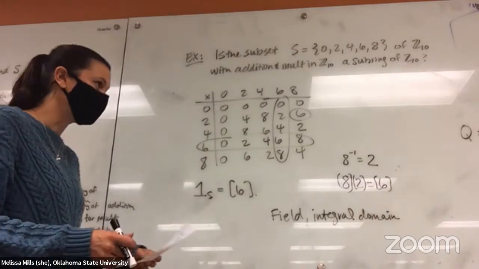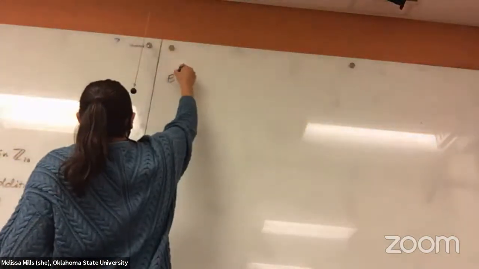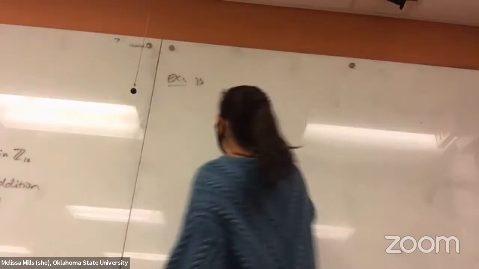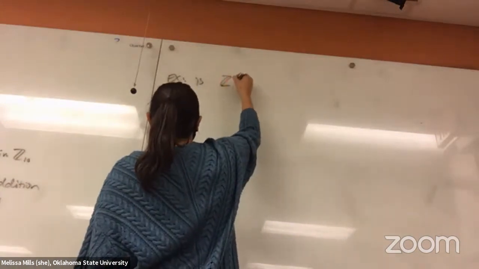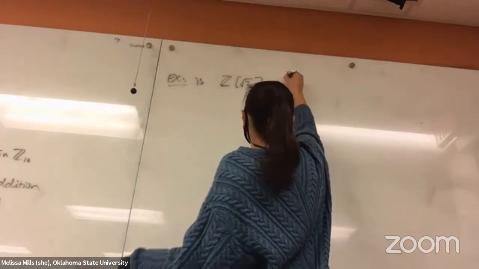All right, so let's look at another example. Move my iPad here. Okay, I'm gonna write down this thing. This is Z adjoin square root of 2, is how you would say that in words.